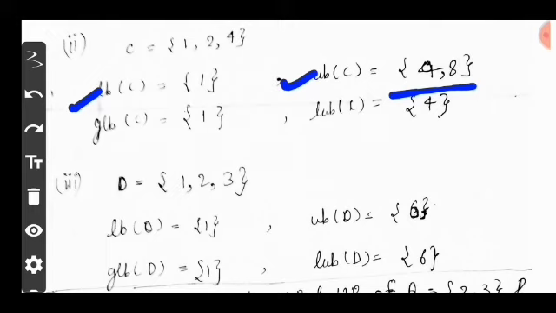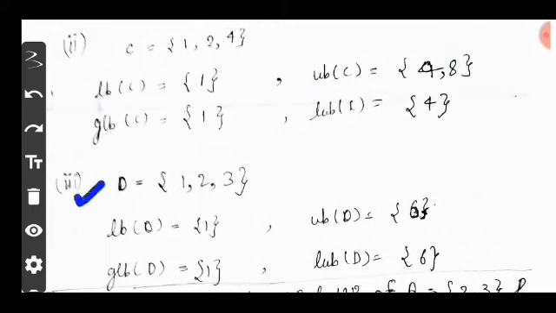The greatest lower bound is 1, and the LUB of C is 4 because it is the least upper bound, the minimum of 4 and 8.